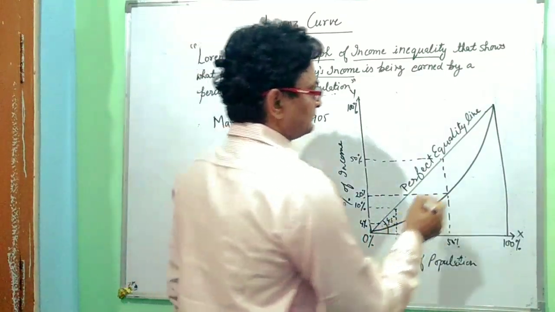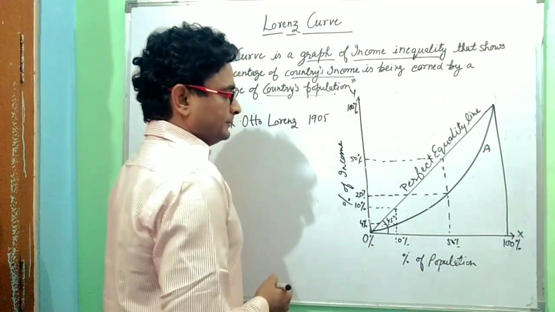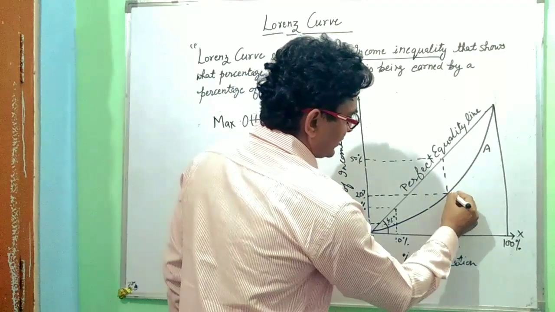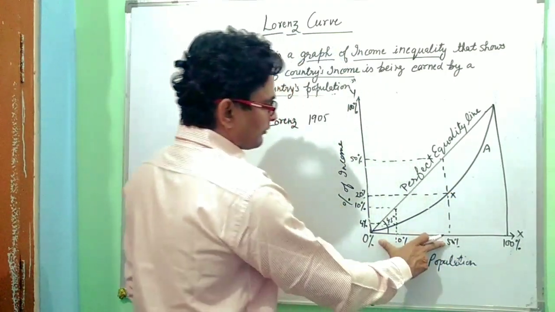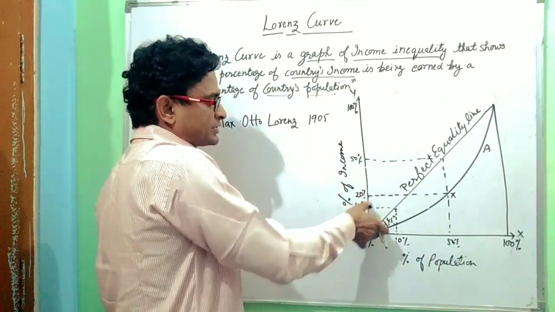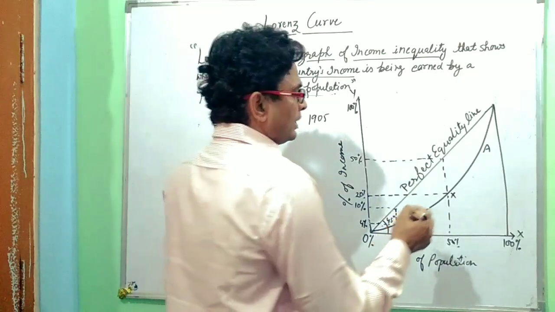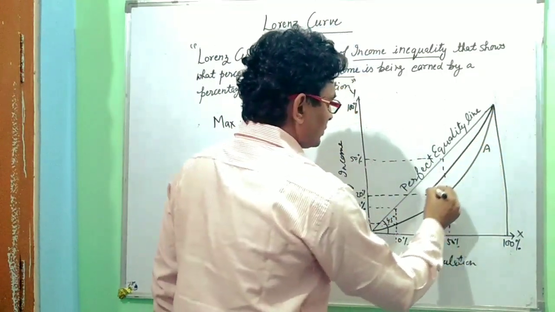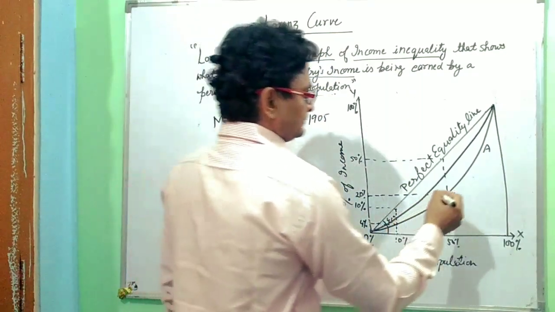Let us understand this. Suppose this is the Lorenz curve of country A, and at point X, 50% of the population of country A has only 20% share in the national income. Now let us draw another Lorenz curve for country B, which is closer to the perfect equality line.